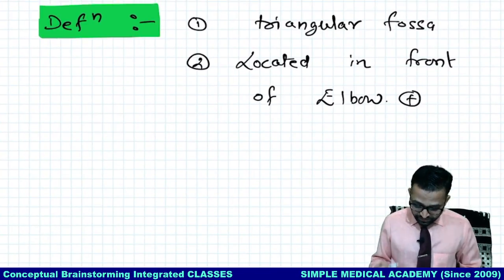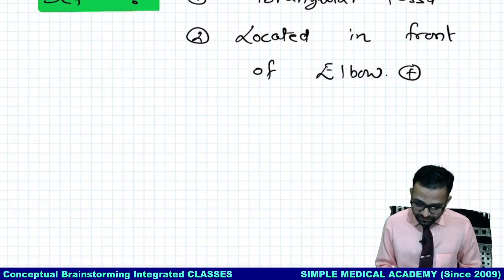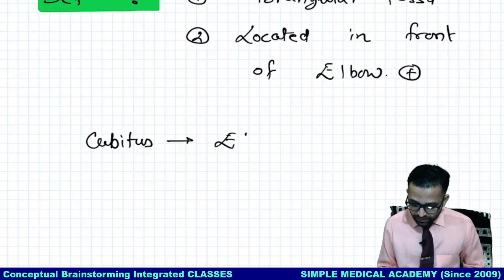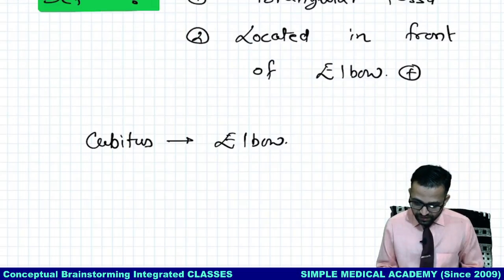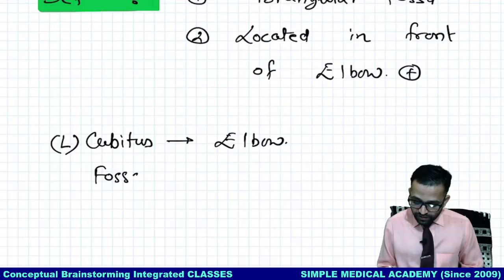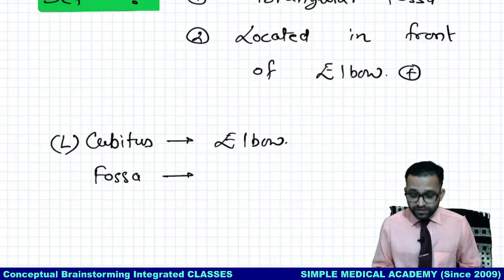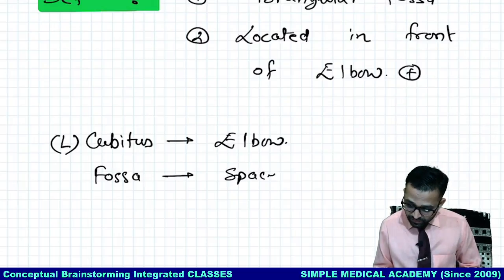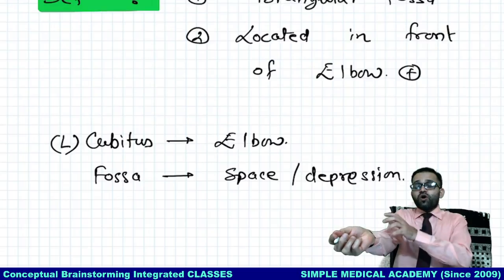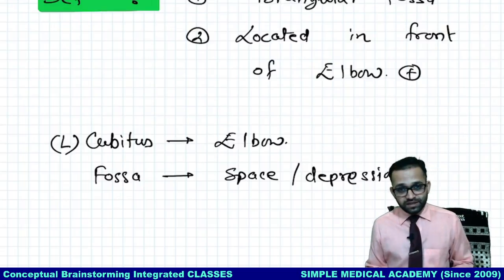Fine. Now the other things you can say: cubitus means our elbow, it is a Latin word. Fossa means space, or you can say depression. So elbow space or elbow depression, you can say in an easy way.